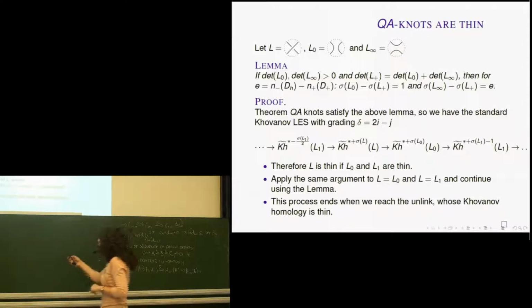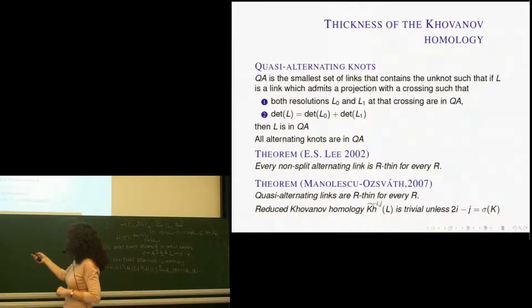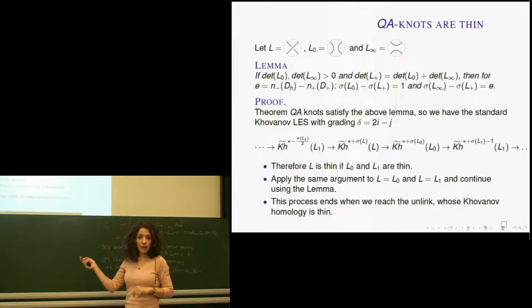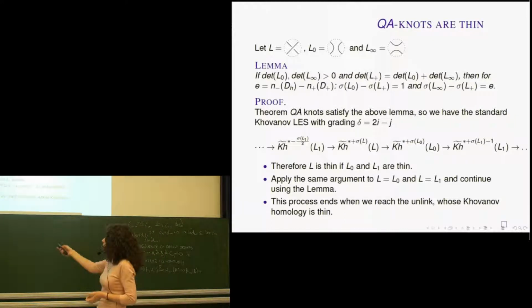Okay, well, why do we need this lemma? The way that we're going to prove the theorem, we're going to invoke a version of the long exact sequence in Khovanov homology with a slightly different grading. So number one, notice that quasi-alternating links satisfy exactly this condition. It's the quasi-alternating condition, so we can use this lemma.